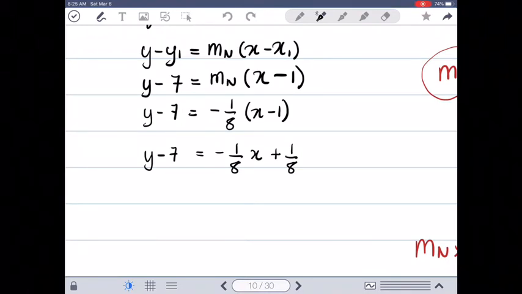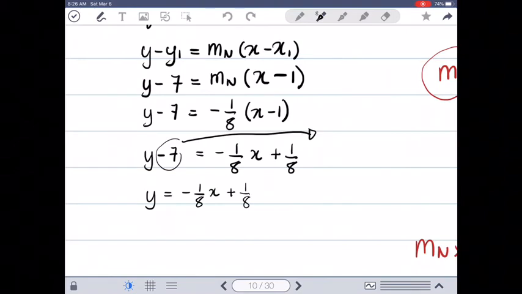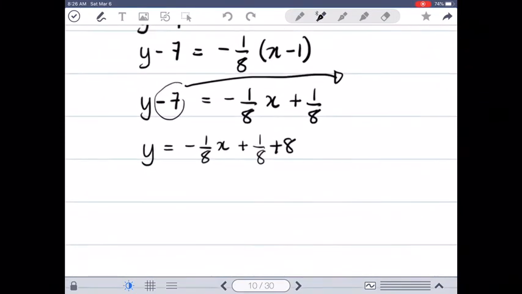So you can multiply everything, probably move negative 7 to the right hand side. So y equals negative 1 over 8x plus 1 over 8 plus 8.